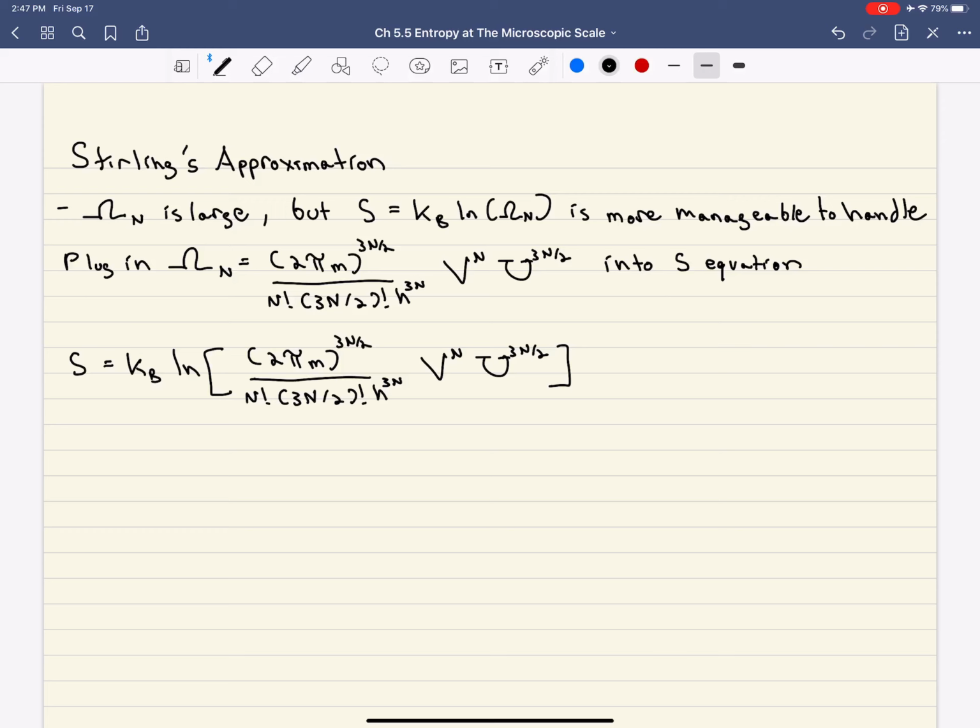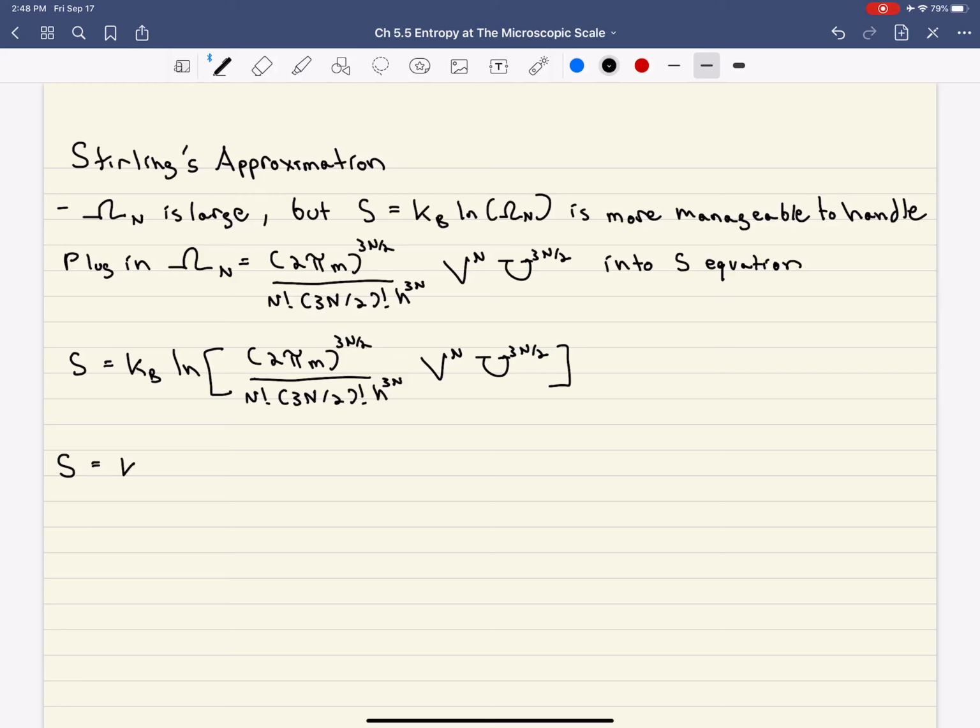Essentially, I'm just going to take a shortcut and copy and paste this. I mentioned we took the natural log of omega because it allows us to handle these numbers more easily. Specifically, by plugging omega into the natural log, we could use our log rules to manipulate the formula.